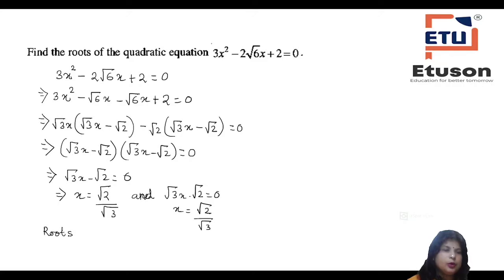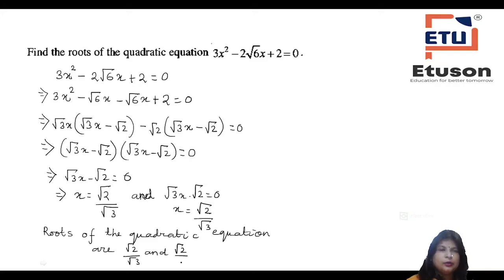Even if you have got the same answer twice, you have to write down both of them again. So the roots of the quadratic equation are root 2 by root 3 and root 2 by root 3. Correct?